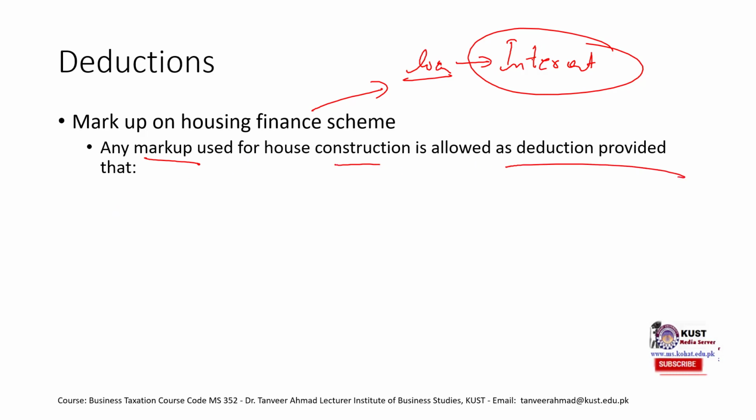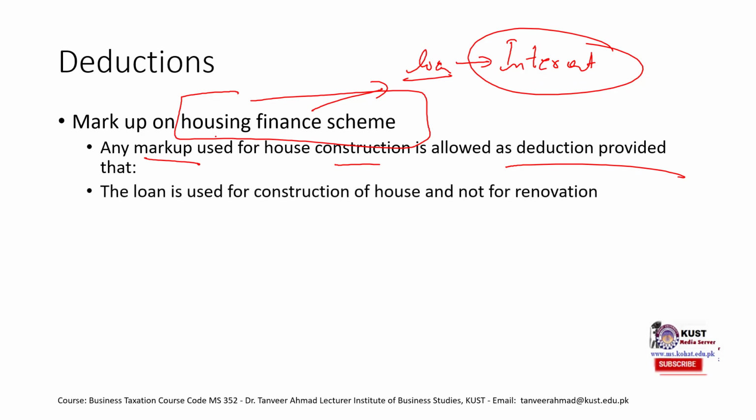So any interest we pay, if we have got finances to build a house, would be allowed as deduction if the loan is used for construction of a house and not for renovation, right?